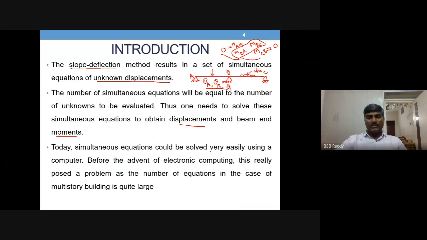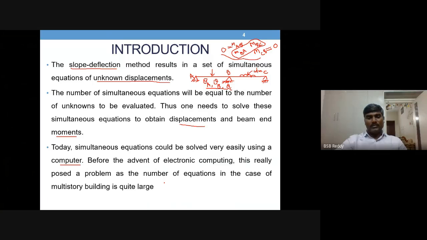Simultaneous equations can be solved very easily using a computer, but if the number of equations is more than 3, before the age of computers, this was a really difficult problem.